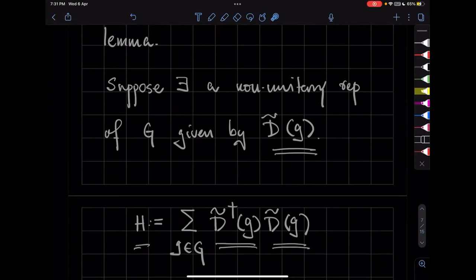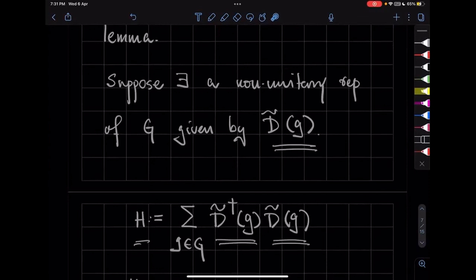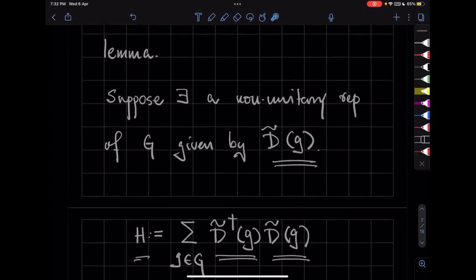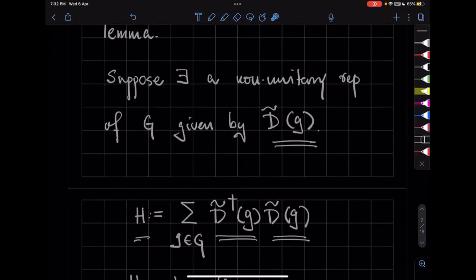Is it not possible for there to be no non-unitary representation? Yeah, of course, you can have a non-unitary representation. I might have worded my question wrong. Isn't it possible that we don't have a non-unitary representation? If you don't have a non-unitary representation, then you have a unitary representation, right?